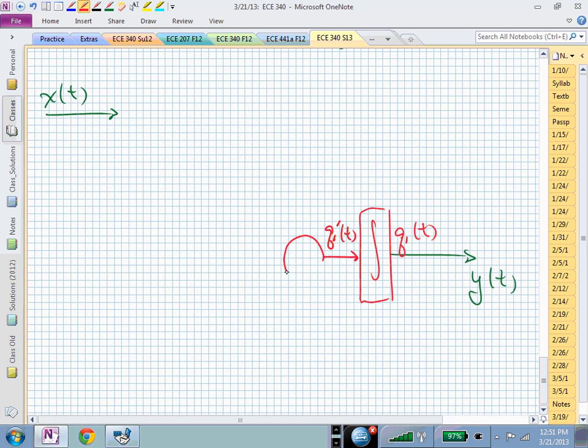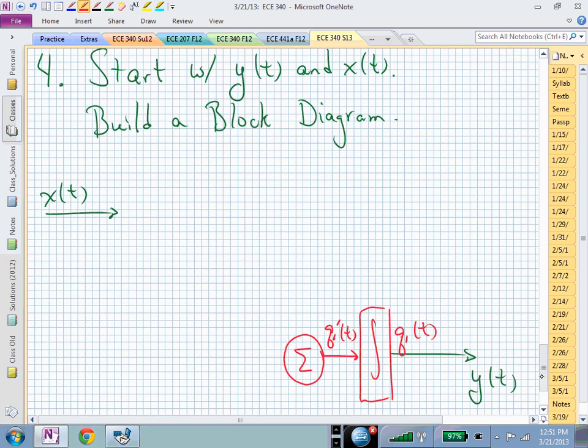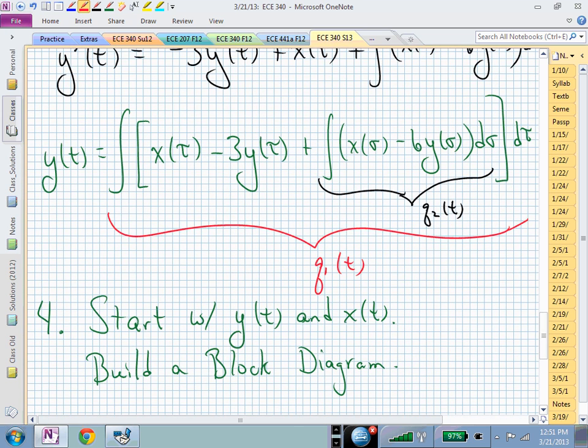But what is that? What makes that up? Well, it's made up of a few terms, isn't it? It's made up of the input x. So I can now pull this x over. I said I had that available to me, and I can put that in to create a piece of q1 prime. q1 prime also was minus 3 times the output.